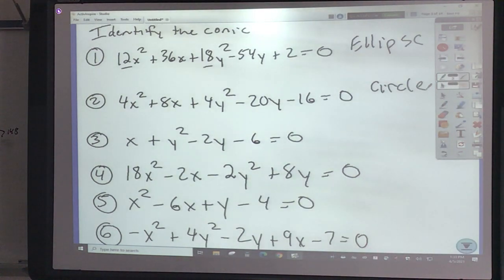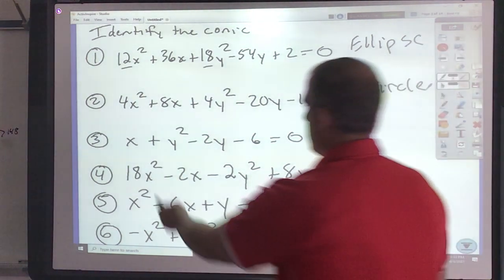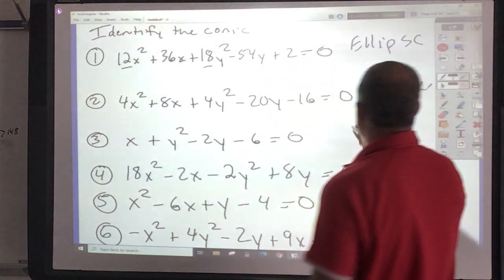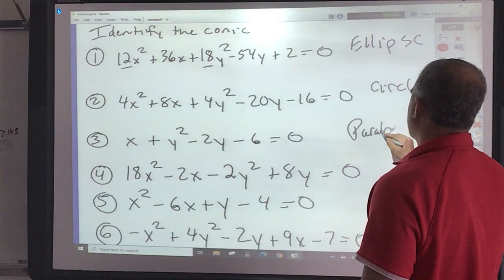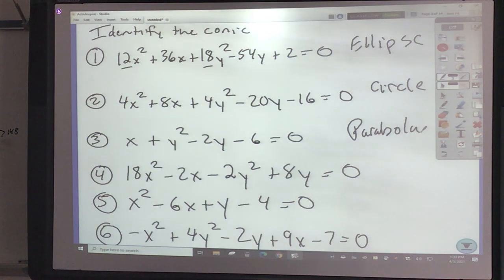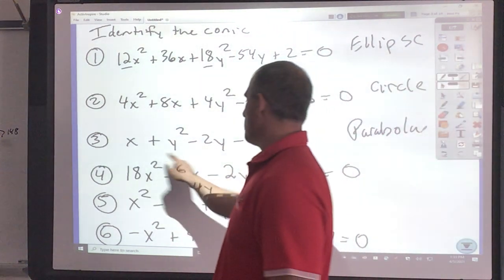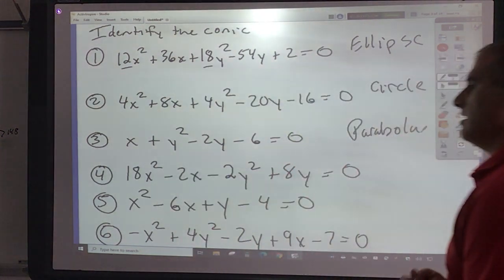Let's go to this one. If I look through, I only have one square term. It's easy. That is going to be a parabola. The next one has two square terms, so it can't be a parabola.